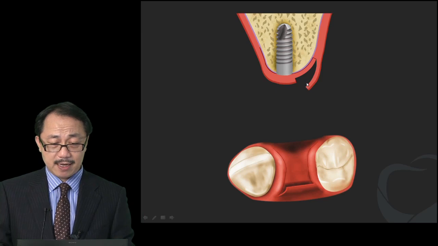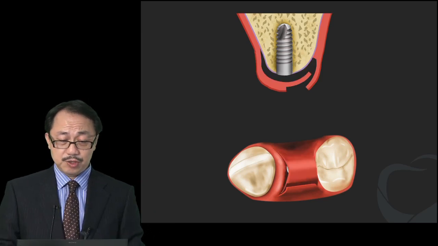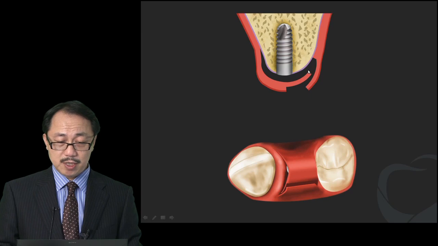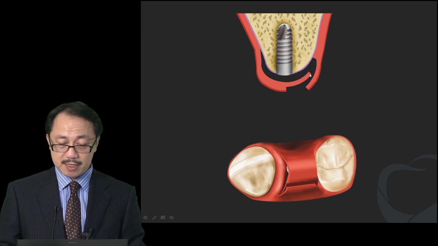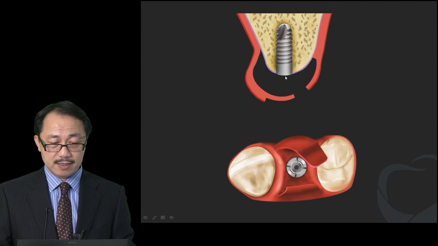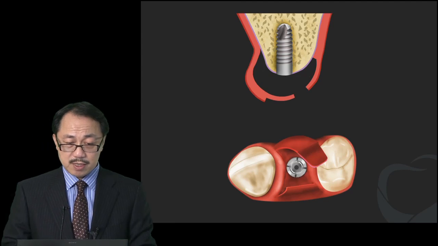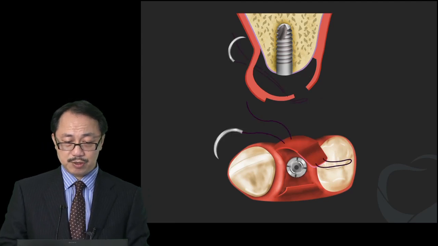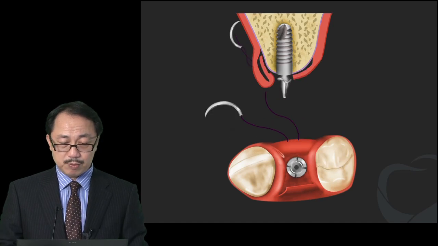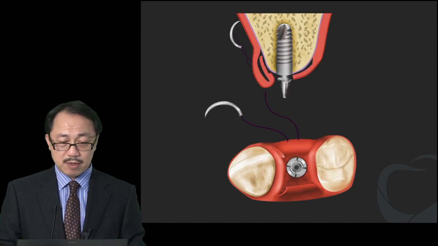Then we can move the palatal tissue in enough thickness, hopefully at least 2 millimeters, leaving the periosteum intact. We can roll this particular tissue from palate to the buccal. Then we secure with a matrix suture into a pouch, and then we replace with an abutment or healing abutment.